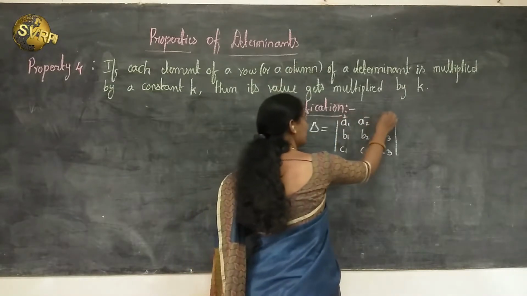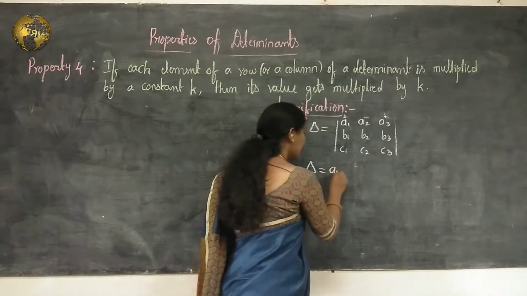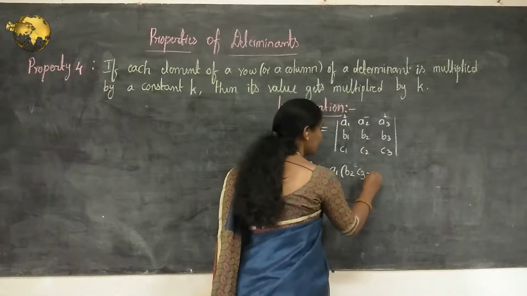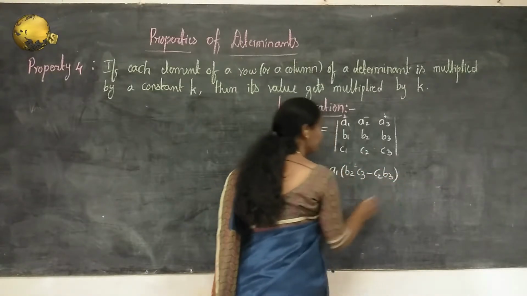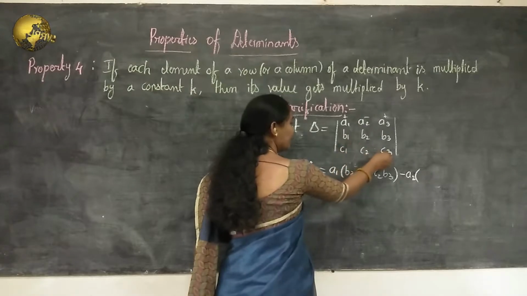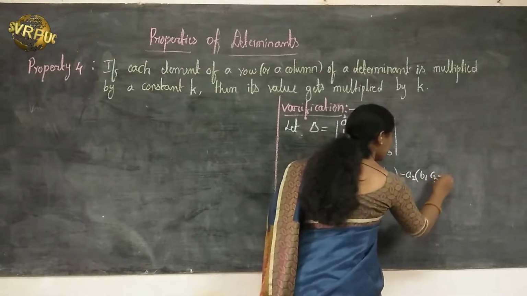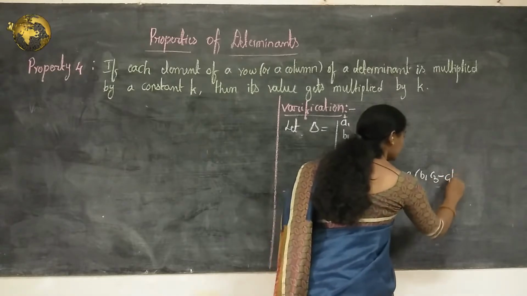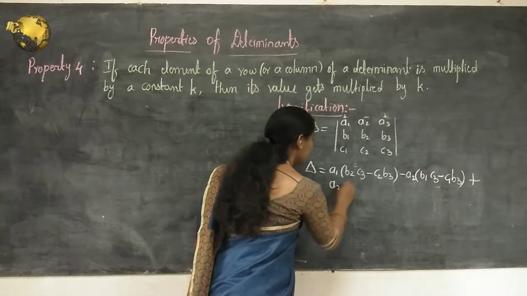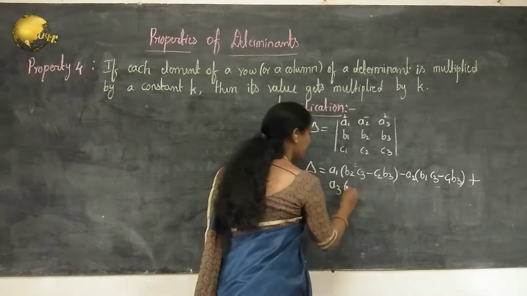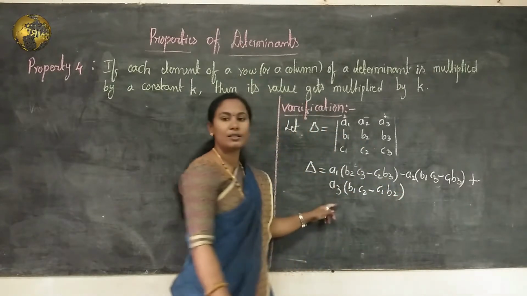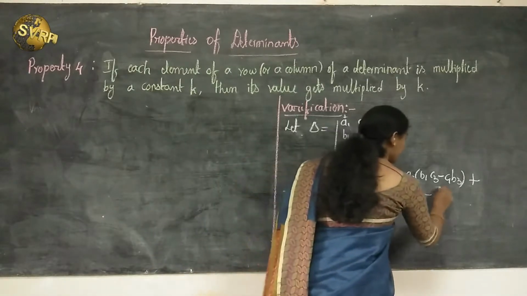The position signs are plus minus plus. So a1 into b2 c3 minus c2 b3, next minus a2 into b1 c3 minus c1 b3, plus a3 into b1 c2 minus c1 b2. So this is the value of delta. I'll take this as equation 1.